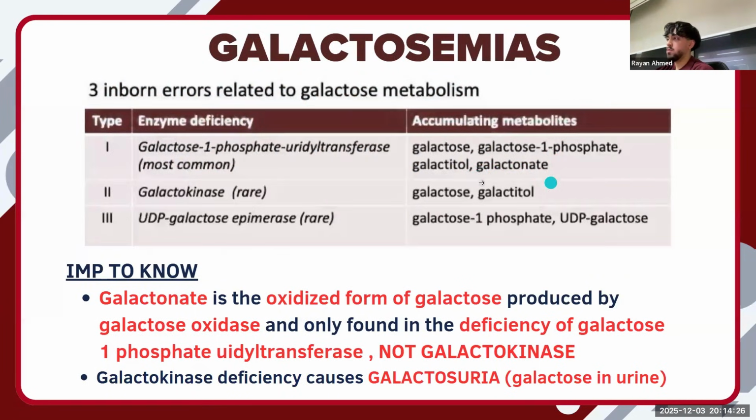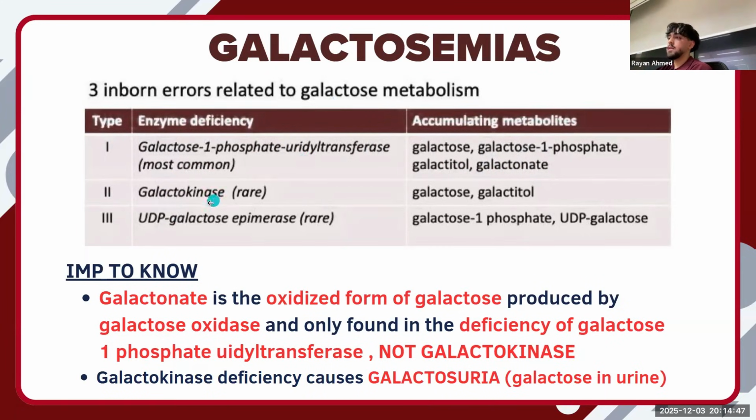Galactonate is new. Remember that, galactonate. And galactonate is only found in UDP uridyltransferase deficiency. That's a way to differentiate between these 3 types of enzyme deficiency. As soon as you see galactonate, you're going to think of UDP uridyltransferase being deficient.